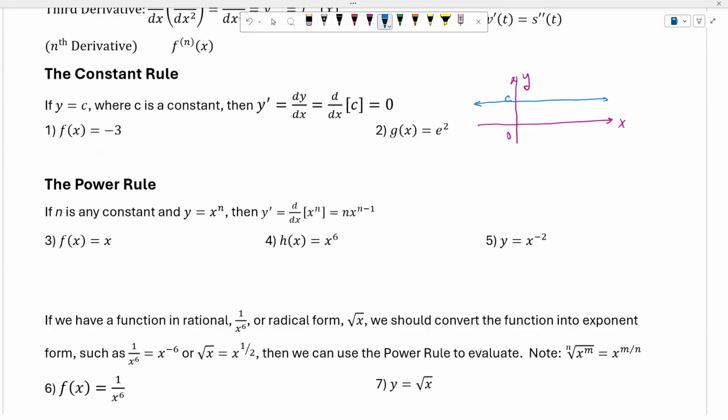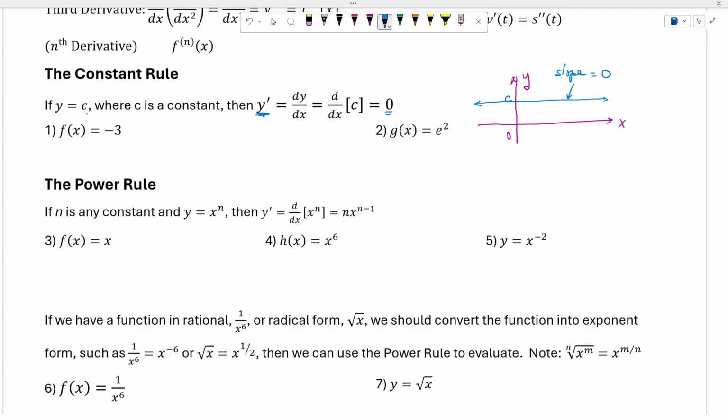In this case, the slope of this line is equal to 0. So if we want to take the derivative of this constant function, then my answer must be 0.